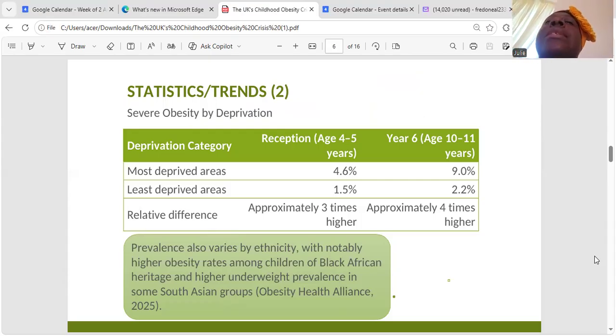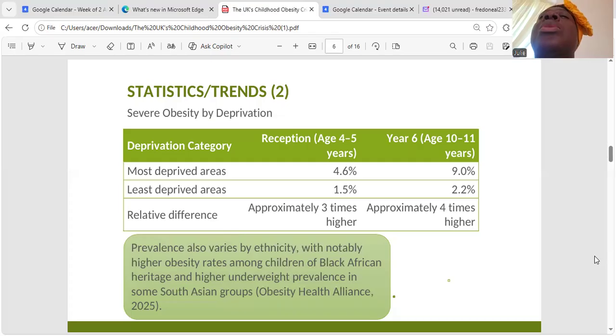For year 6, this increases to 9.9 percentage points compared with 2.2 percentage points. This means severe obesity is about 3 times higher in reception and 4 times higher in year 6 children living in the most deprived areas.